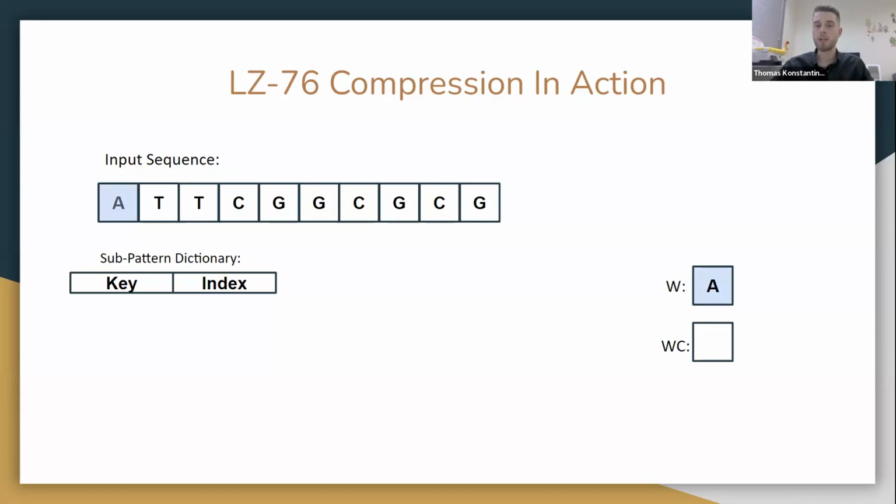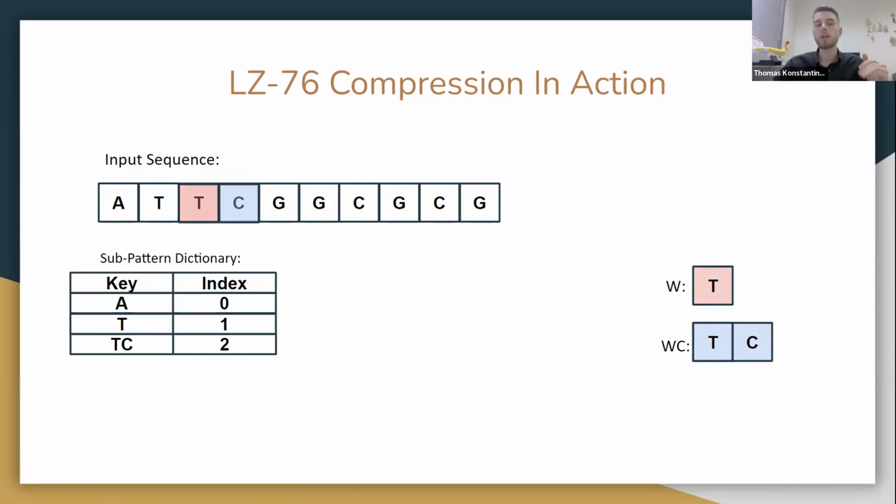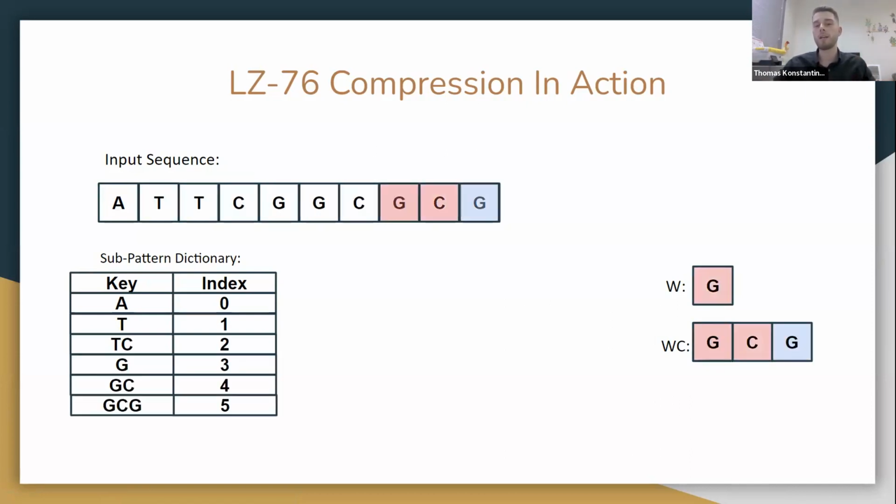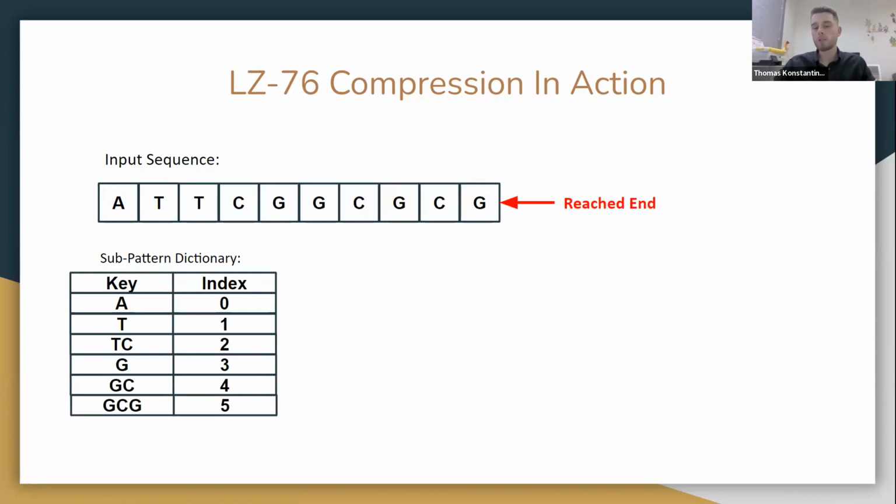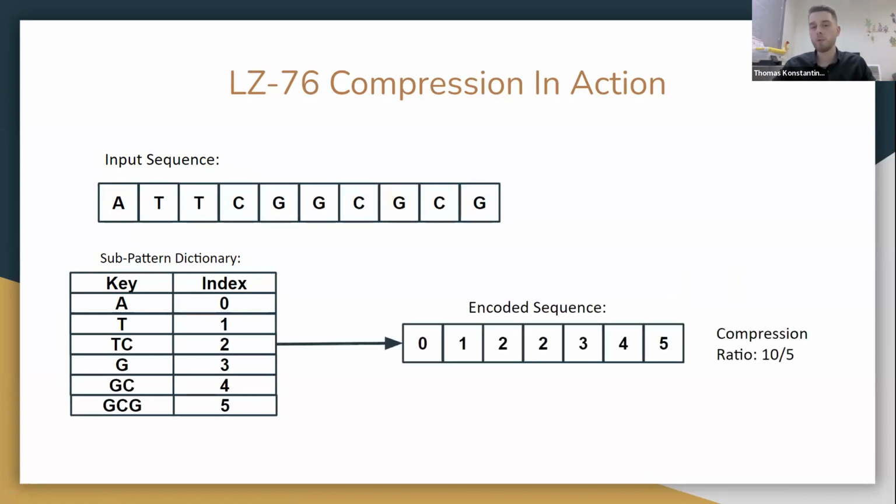And this procedure keeps on until the algorithm encounters a sub-pattern it already saw, in which case the window of the LZ algorithm increases in size and it tries to capture a bigger pattern. And this procedure keeps on going continuously up until we reach the end of the sequence. After we reach the end, we use the dictionary to encode our original sequence, and we get the compressed representation of the sequence based on, again, the LZ76 algorithm.